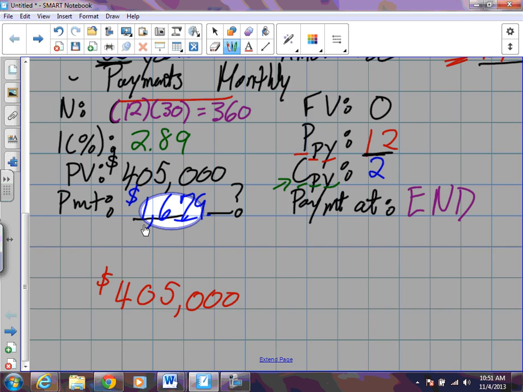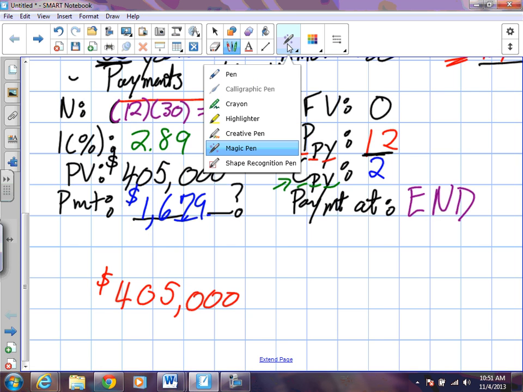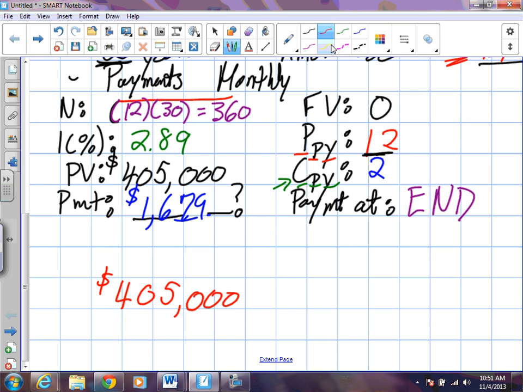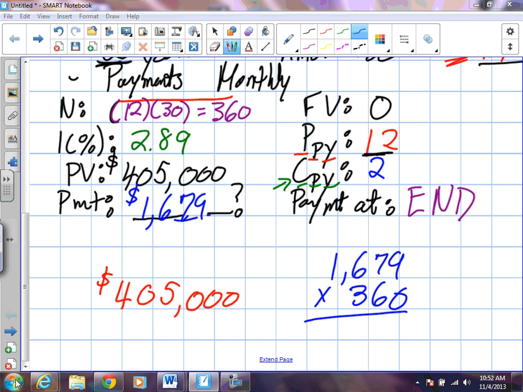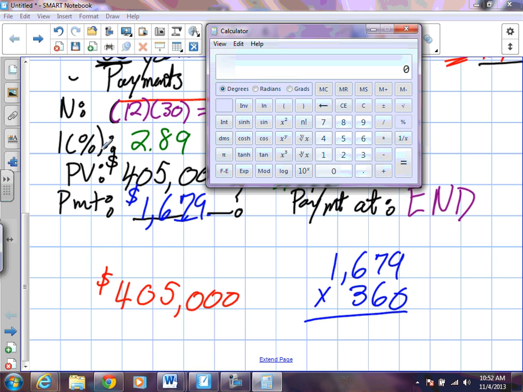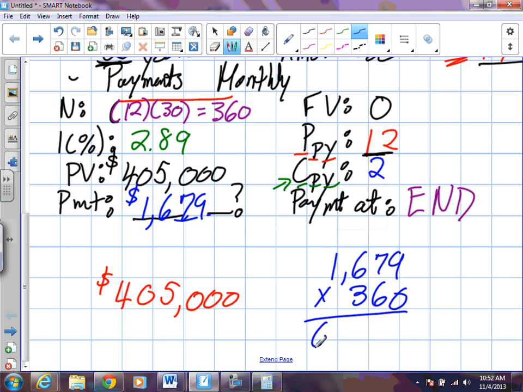So in other words, to calculate how much money I pay them, I take my $1,679 and multiply it by the 360 payments I make. So let's take a calculator out. This includes the interest also. Wait, so what are you looking for now? 604,440.